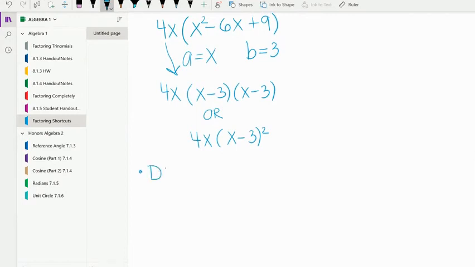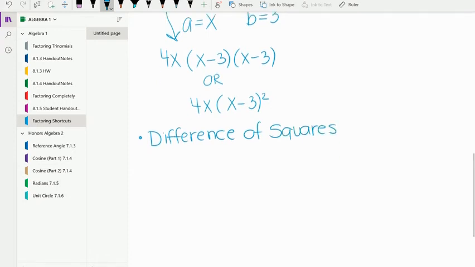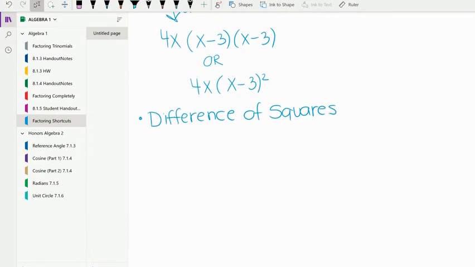Then we also have difference of squares. So I think a lot of you will find this to be pretty simple, and probably a lot of you will want to use this shortcut. So difference of squares is in the form a squared x squared minus b squared. So what that means is you can take the square root of the first term and the second term.